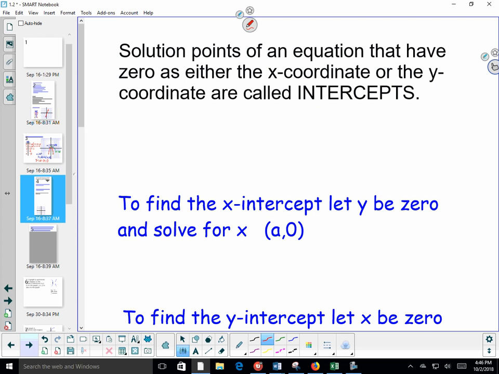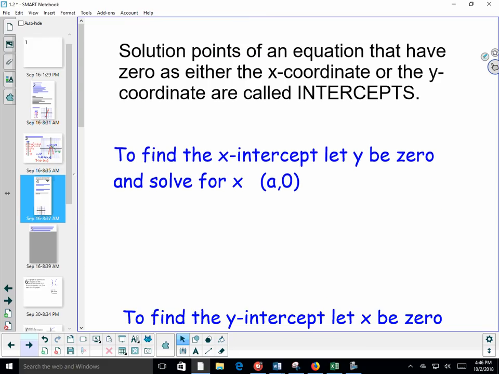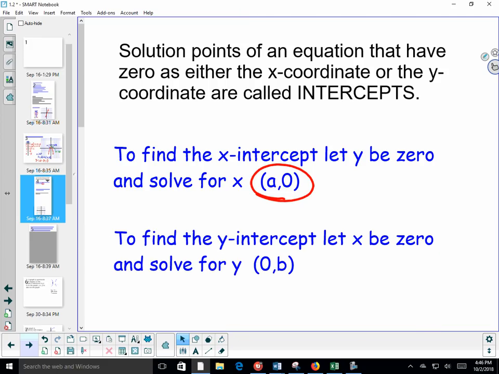To find x-intercepts, you can just let y be equal to 0 and solve for x. All x-intercepts are going to be of this form, some number, 0. To find the y-intercept, let x be 0 and solve for y. Every y-intercept is going to be of the form (0, b).